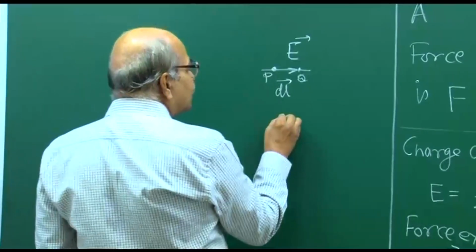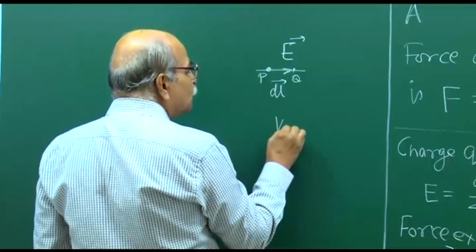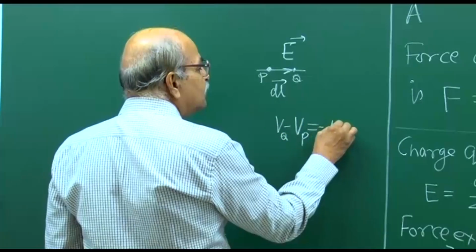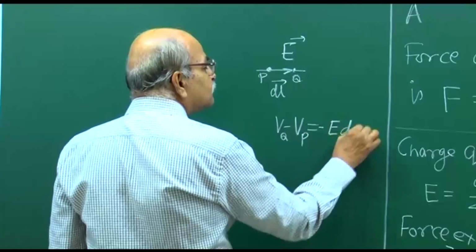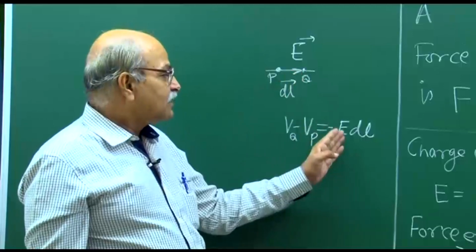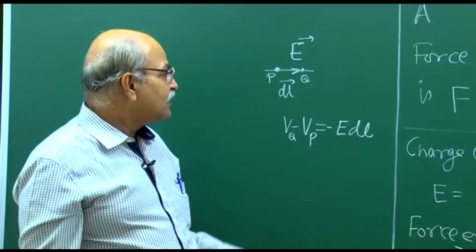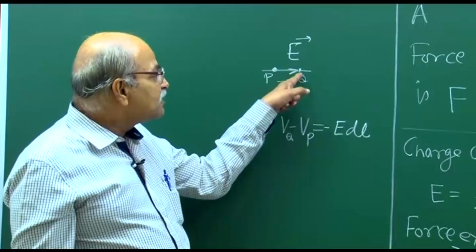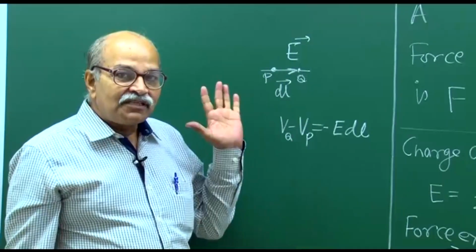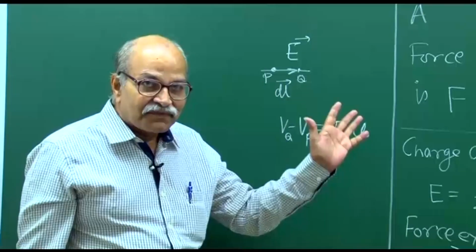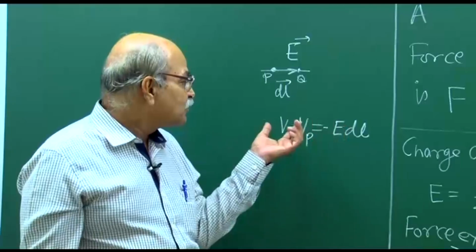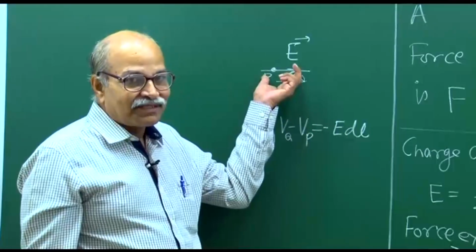So, we will say that V at Q minus V at P will be minus E into dl. If we are going in the direction of the electric field, just E into dl with a negative sign will be the potential difference VQ minus VP. That means, if we are going in the direction of electric field, the potential decreases, and this is the potential difference between these 2 points.